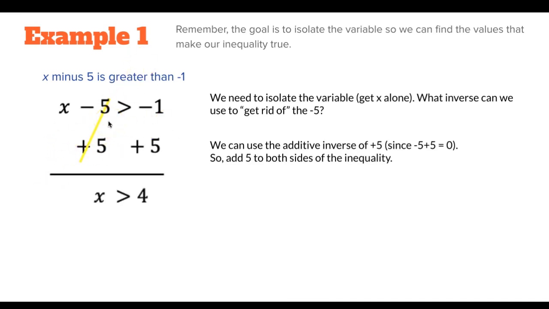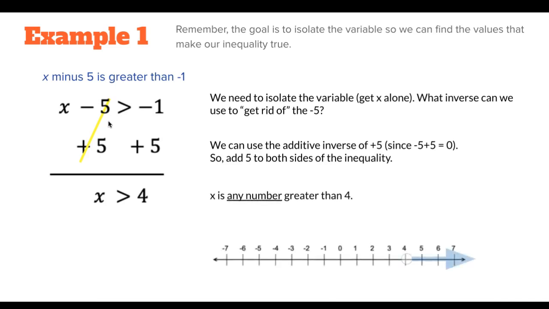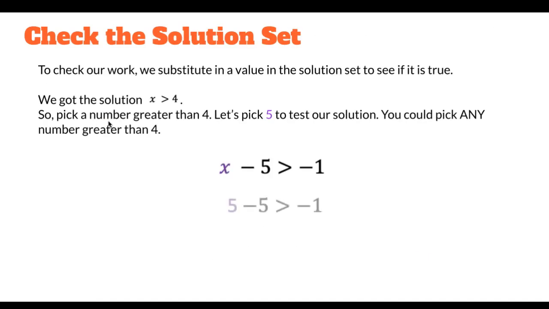And you're left with -1 plus 5, which is 4. Therefore, your answer being x is greater than 4. So any number that's greater than 4 will satisfy this inequality. You can check this solution by plugging in a number that's greater than 4 and seeing if it will give you a number that's greater than -1.